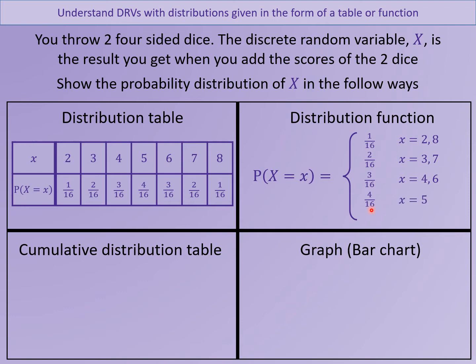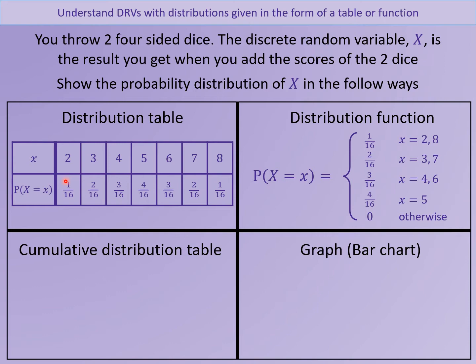So we've listed all of the possible probabilities in the table. However, we need to remember to put the 0 probability for any other value of x. So any value of x that isn't 2, 3, 4, 5, 6, 7 or 8 will have a 0 probability. So we say 0 otherwise.